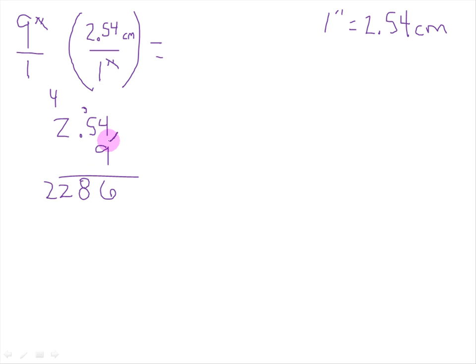And I have 2 decimal places. So I move my decimal over 2 places. And my correct answer is going to be 22.86 centimeters. So the question was, 9 inches is how many centimeters? It's 22.86 centimeters.